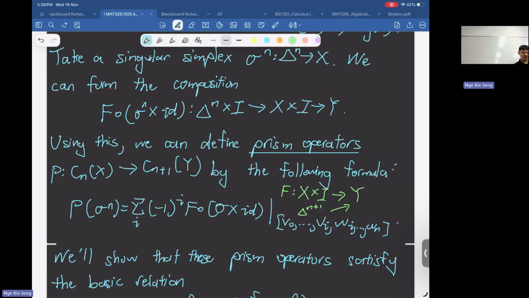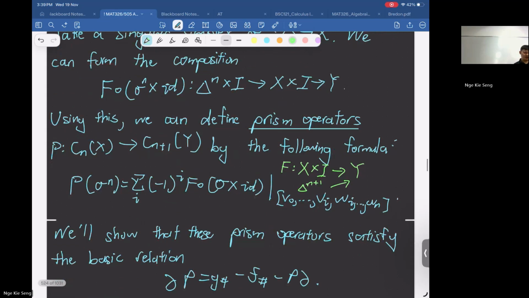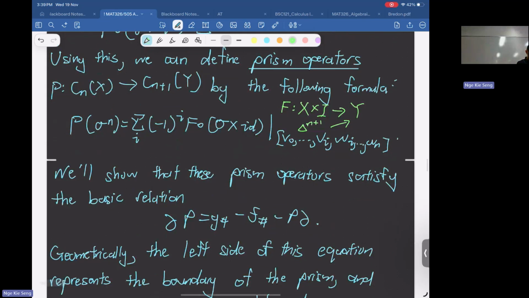Maybe it's very ad hoc. Okay, you can check the calculation. The calculation is this. Okay, it's very ad hoc.